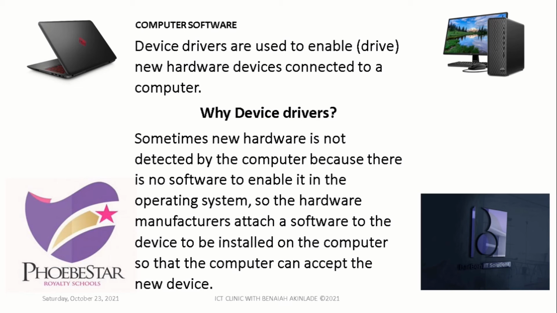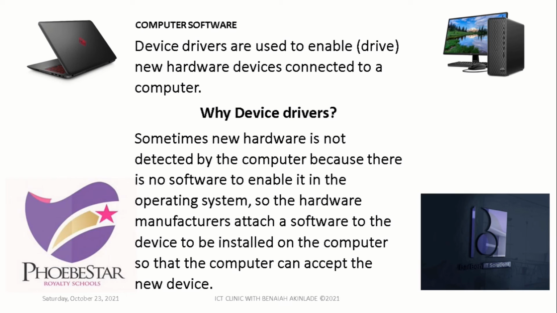For example, if you plug a flash drive now, the computer will tell you installing. It is because the driver or the software to enable that flash drive has been embedded in the operating system of that computer. But let's say this new device was just developed and the driver is not part of the operating system. That's why the manufacturer of that device will now put a small software for you to install.